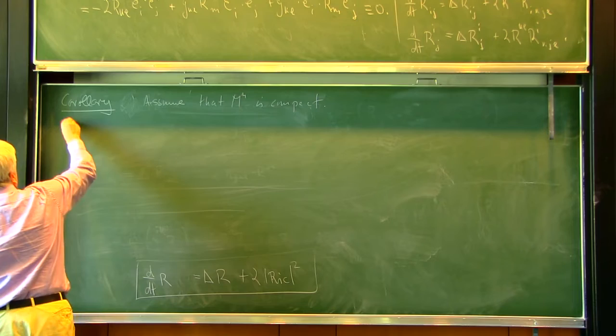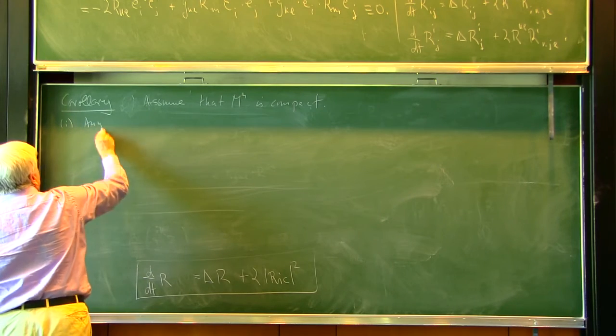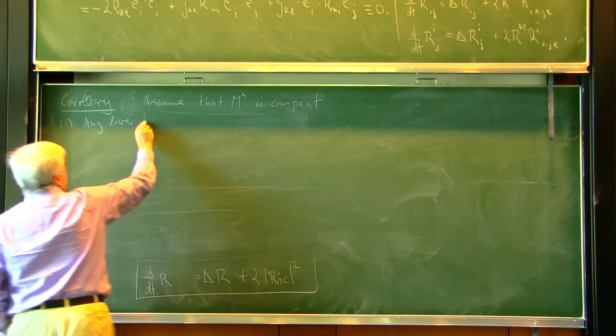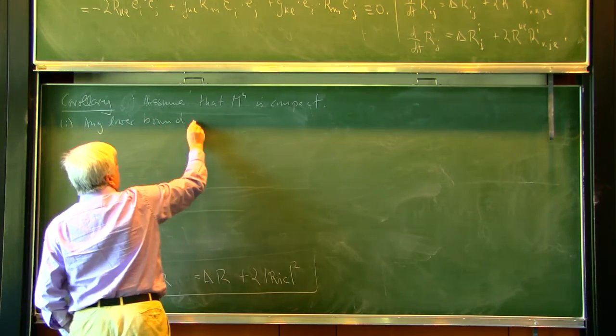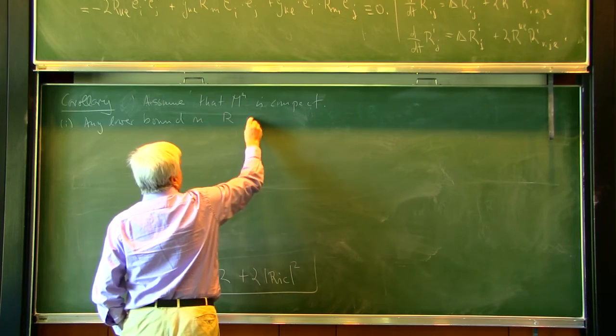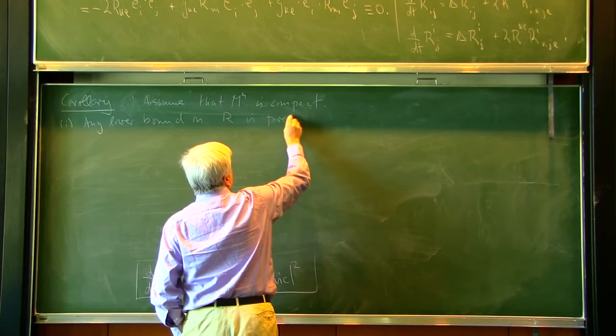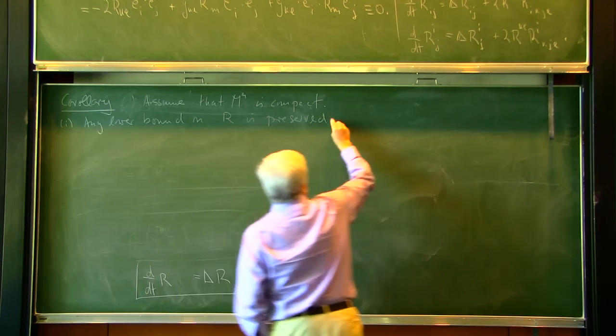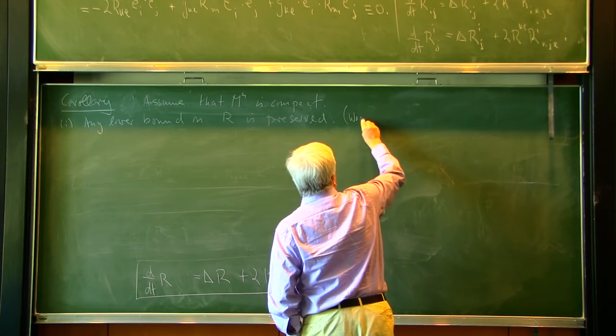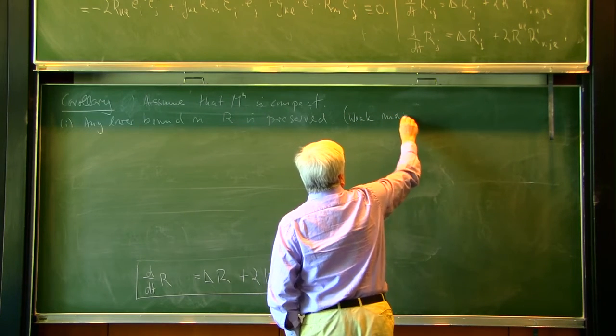Then first of all, any lower bound on the scalar curvature R is preserved. This is just the weak maximum principle.